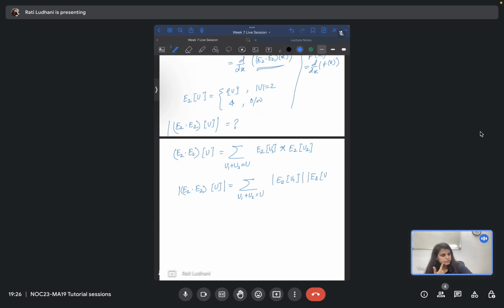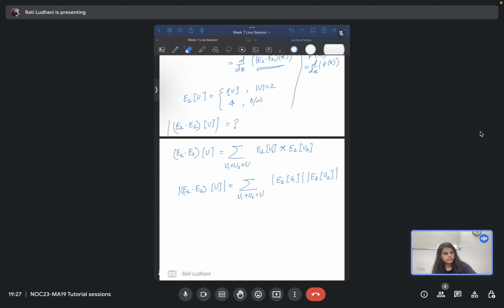I went to this calculation first, but tell me what should be u1 u2, then only it will be non-empty. Either the number of elements in u2 is 1 or 2, because u2 has to be non-empty. u1 can be empty, right?